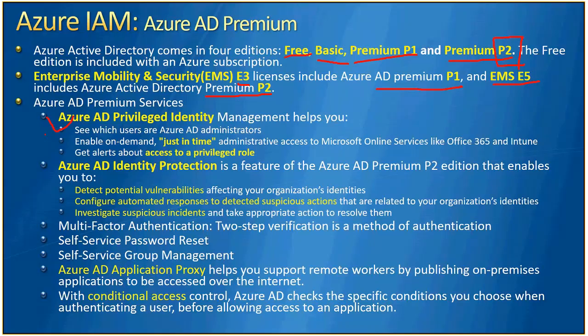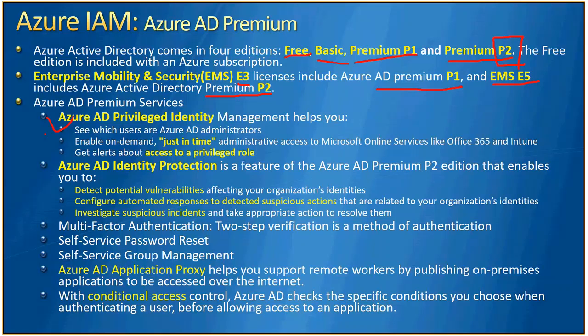Now, when you have these privileged identities, let's say in your organization you have 5 administrators, you will create 5 accounts and assign that role permanently. The more privileged accounts you have, the more chances there are of being targeted for hacking, exploitation, or a brute force password attack.